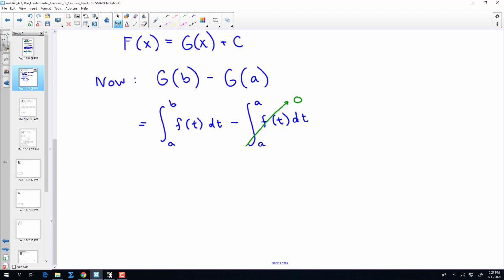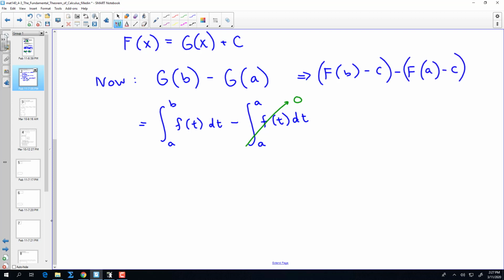But in another respect, we also have that g of b minus g of a could look like, did I say the a and b backwards? I think I did. So g of b minus g of a could be seen as F of b plus c. Oh, minus c, because we would subtract it over, but it's going to disappear in just a second anyway. Minus F evaluated at a minus c.